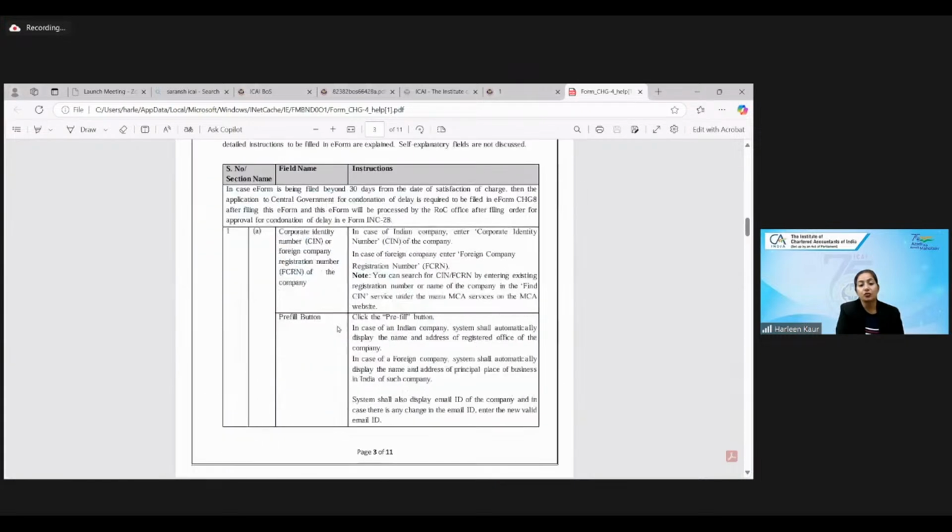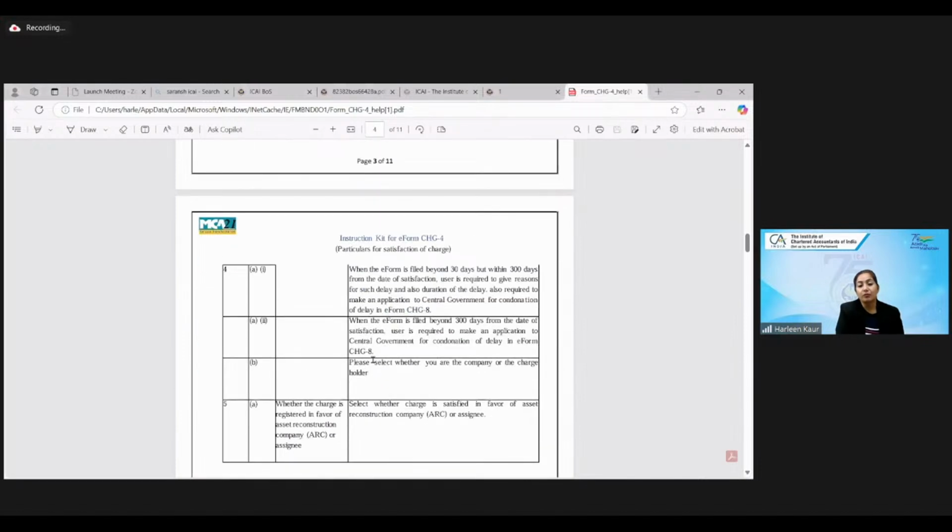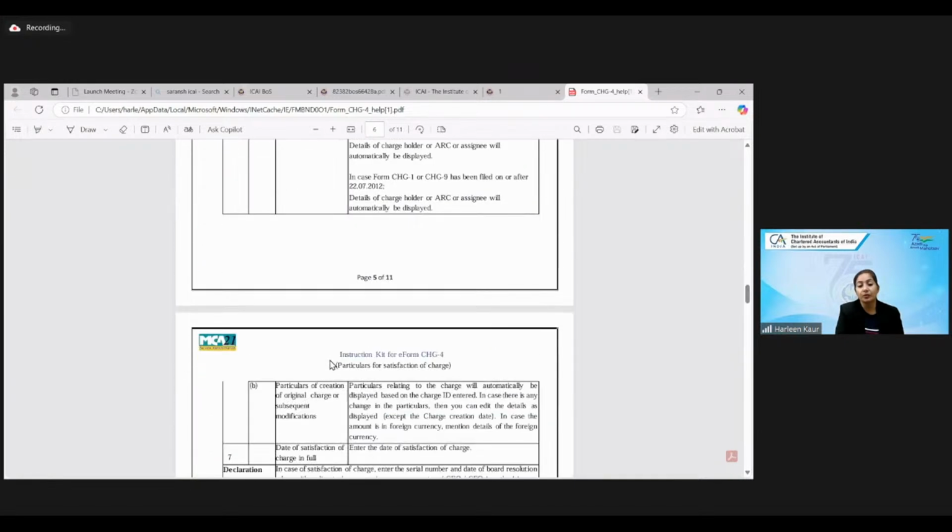And how the instructions to fill this form, corporate identity number, pre-fill button. All the details have to be given. Select whether you're the company or the charge holder who is filing it. CHG 8 has to be filed in case of any delay. All these details. It is an 11-page form.